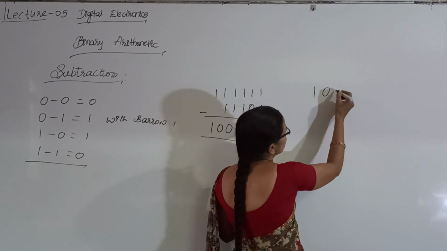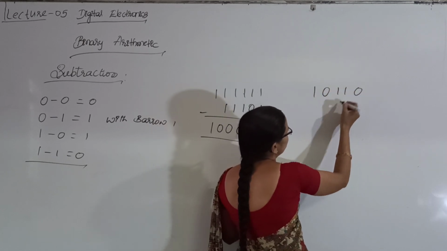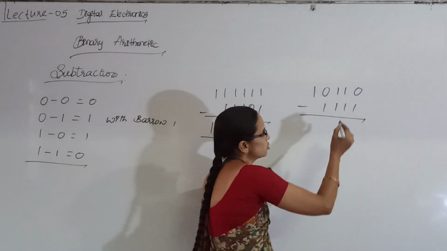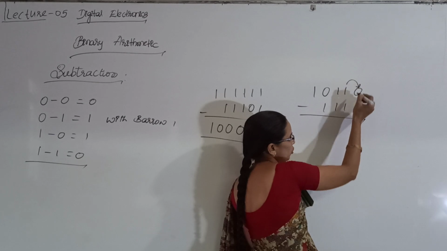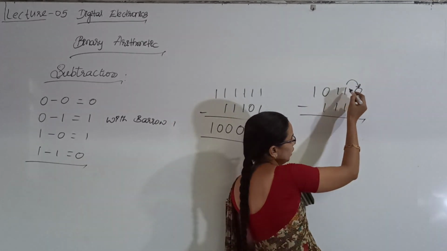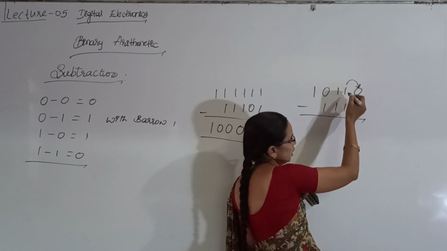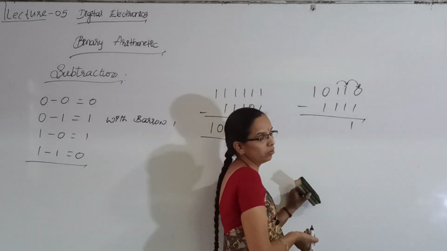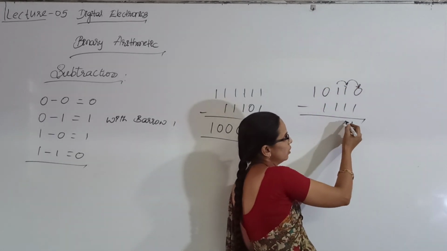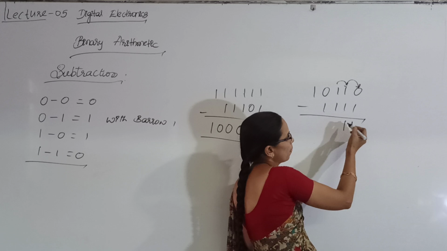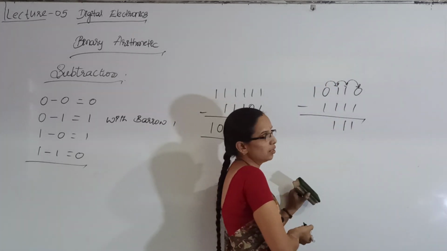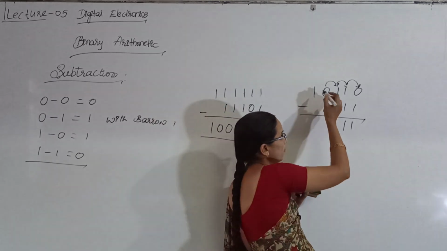10110 minus 1111, I will do it. 0 minus 1 I cannot do. I will take borrow. 2 minus 1 is 1. Again here it will be 0. Again have to take borrow. 2 minus 1 is 0. Again have to take borrow. 2 minus 1 is 1. Again I have to take borrow.